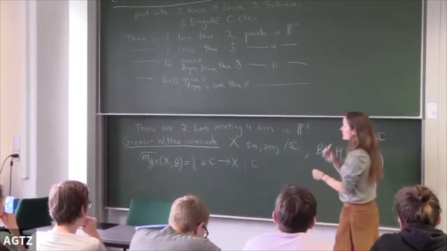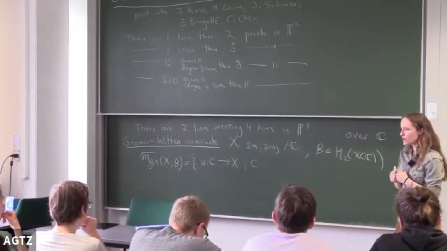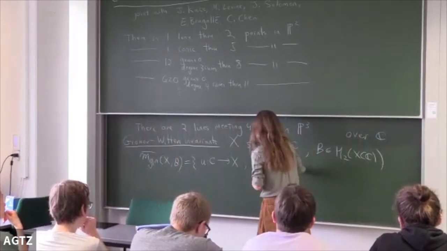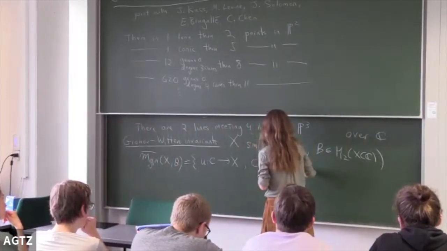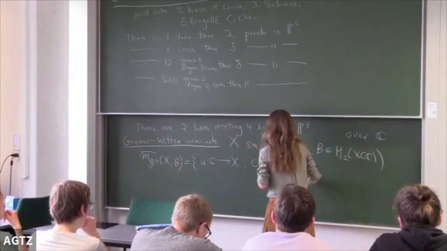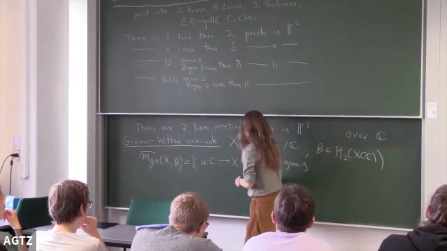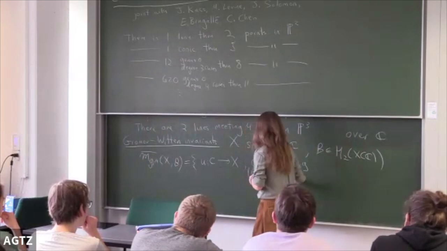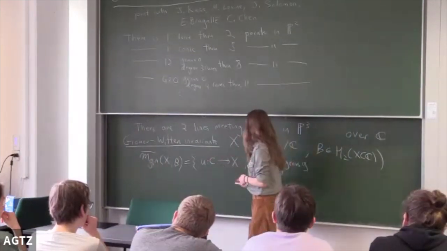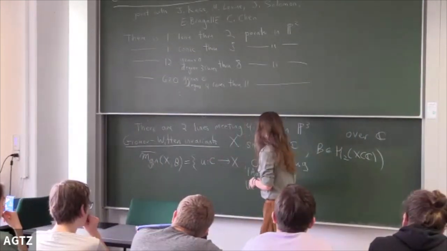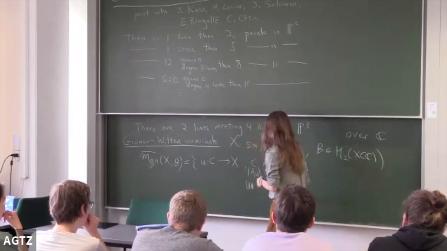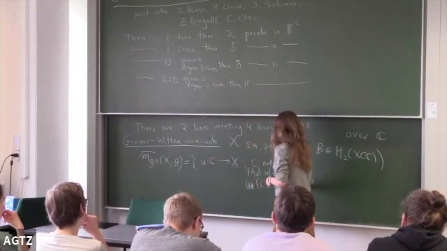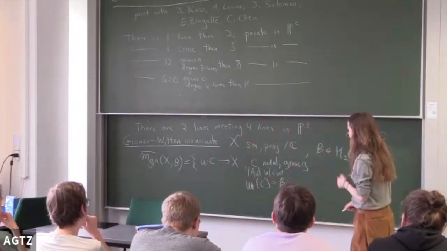We're going to allow it to bubble off and pick up more components to make the space compact, but it has to be nodal and arithmetic genus g. And this has to be stable in the sense that the automorphisms of the map are finite. And we want it to be degree beta, so we want the pushforward of the fundamental class of the curve C to be in the class beta.